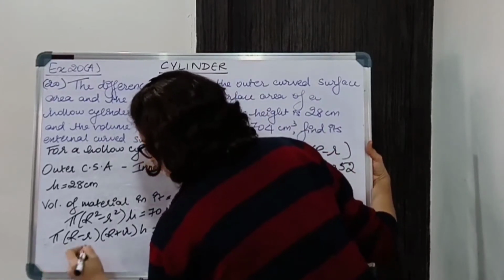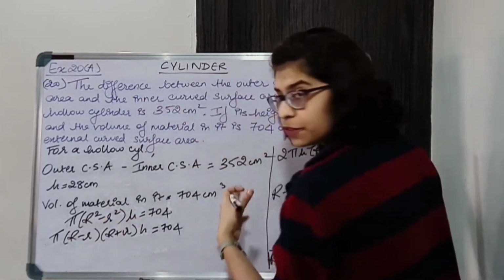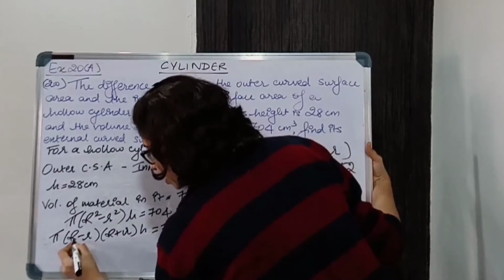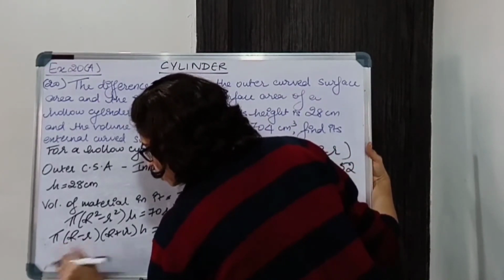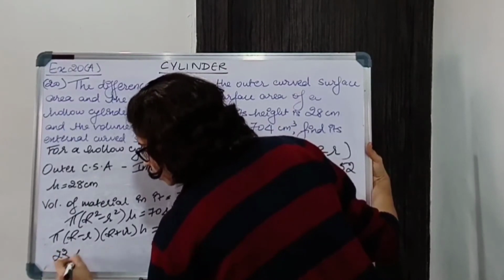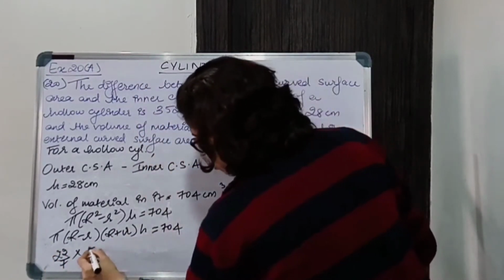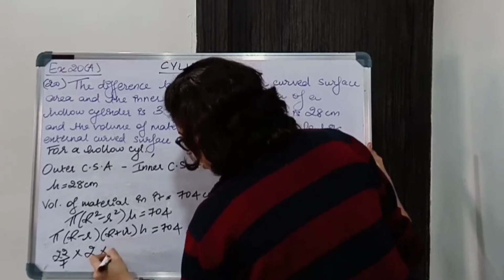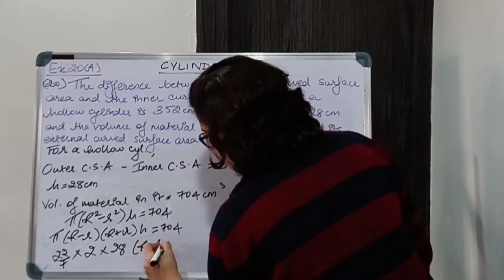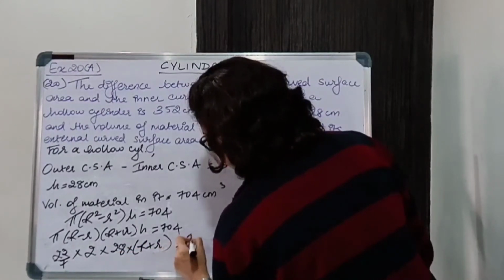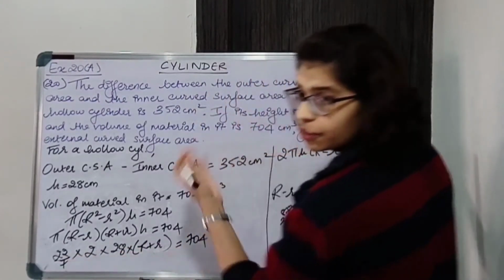Now pi and h, I'll shift them to the other side. Okay, I'll just substitute the value first. Pi is 22 upon 7 into R minus r which is 2 into h we know is 28 into (R plus r) is 704. Now I'll shift everything to the right hand side.